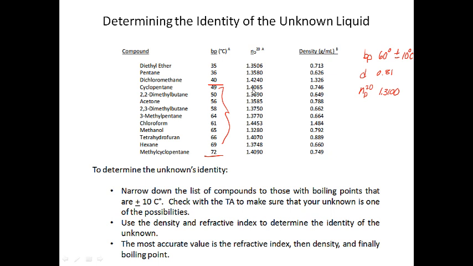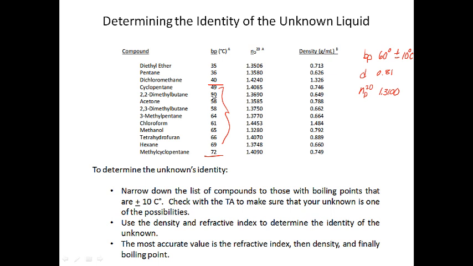Now what you should do is once you've come up with your list of potential unknowns, you want to take your unknown number and your list to the TA, and they'll make sure that your unknown is somewhere in this region. If it's not, they might say, well, you want to go a little higher or a little lower. Okay? But we're using a big range to give us a large possibility.